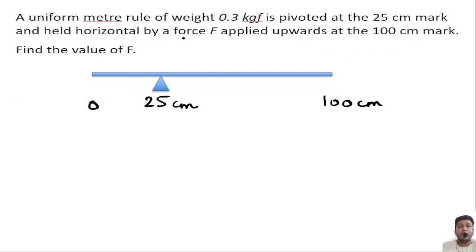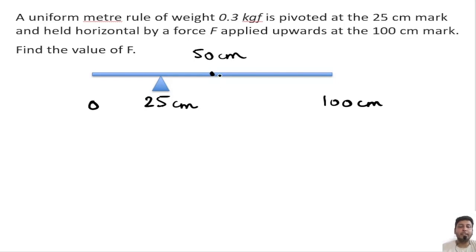Now it says that the weight of the ruler is 0.3 kgf. Where will the weight of the ruler act? It will act at its center of gravity, which will be at the 50 centimeter mark, exactly at the center.